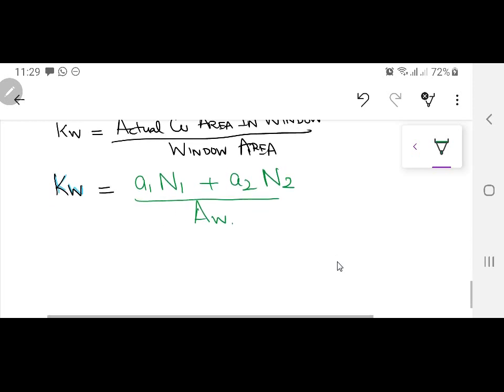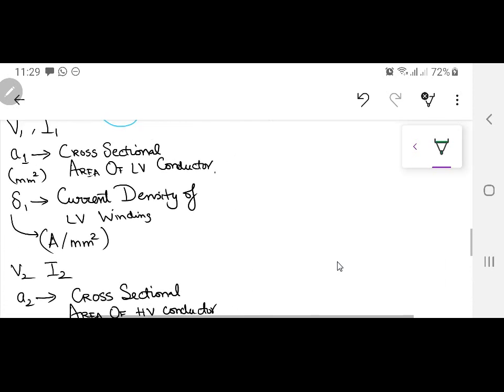Now, if you are having A1 N1 plus A2 N2, here we know the current density formula. Can I write delta 1 equal to I1 divided by A1? How is current density calculated? Current divided by the area, amperes per meter square. So I can write this as A1 equal to I1 divided by delta 1.